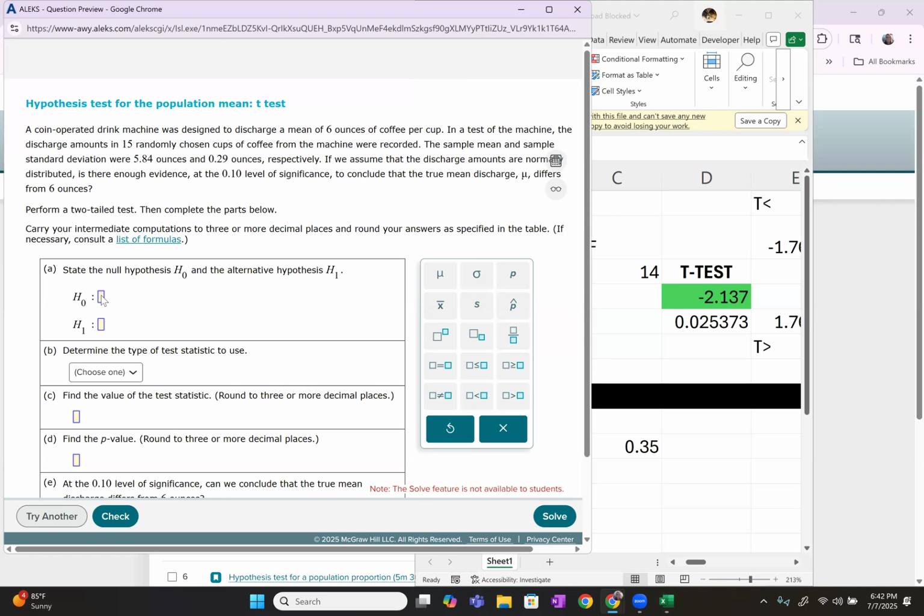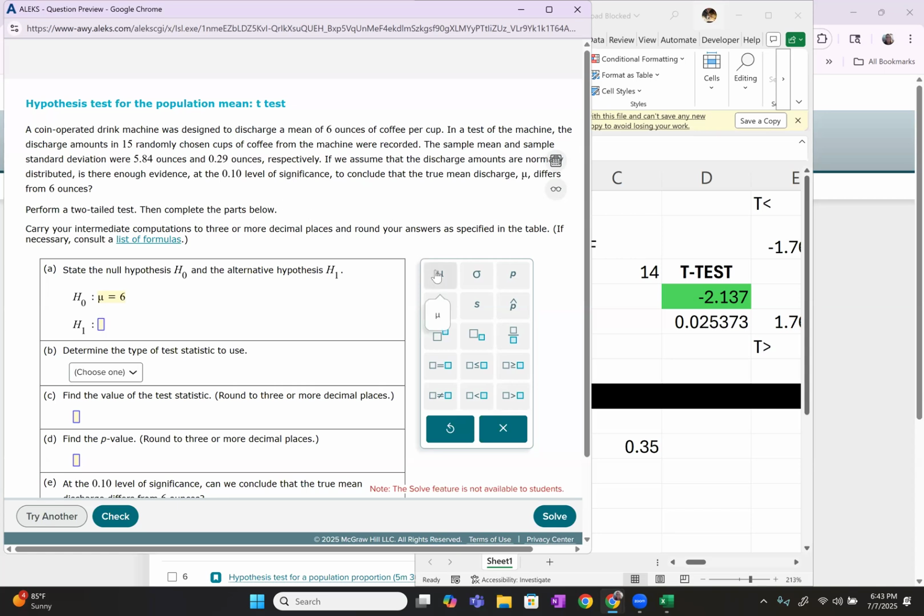So the mu would be equal to 6. Okay, mu is equal to 6. And what is the alternative? Two-tailed test. Not equal to? Yep.